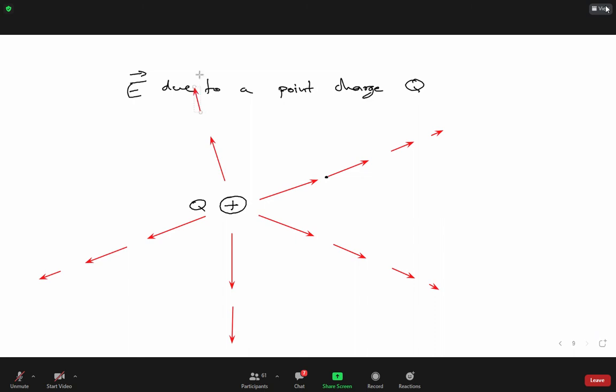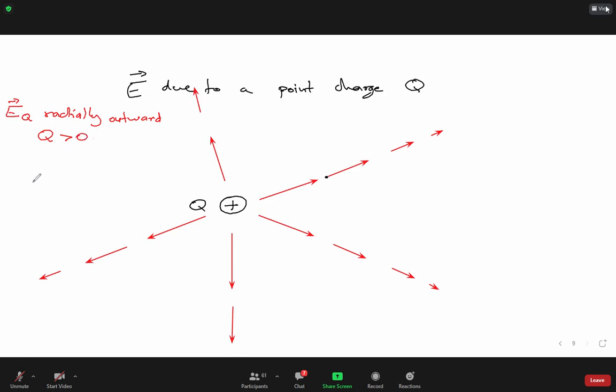Right? So we find that the electric field due to big Q is radially outward for Q positive.